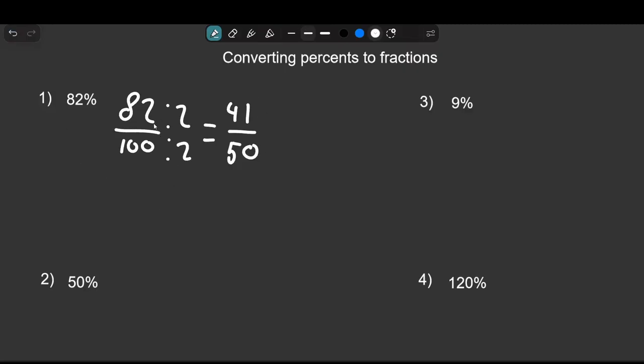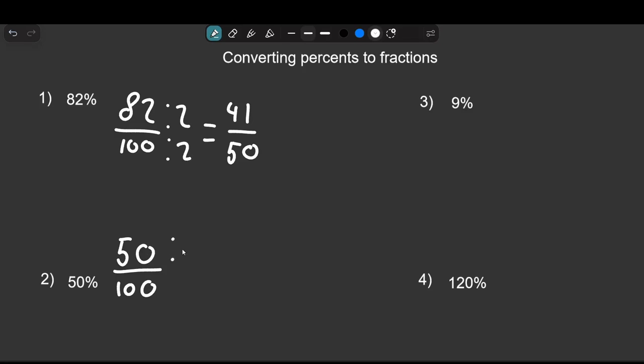So that was the first one. Let's go to the second one. It's not always 2, because sometimes it's much simpler. So 50%. We again do like this, 50 100ths. The biggest common factor of these two is not 2 this time, but 50.